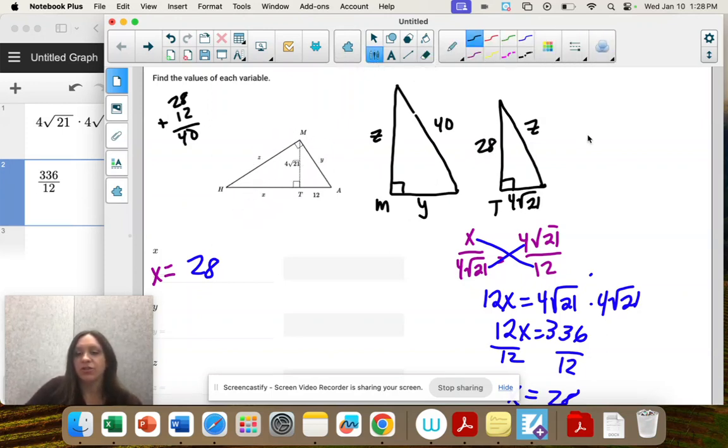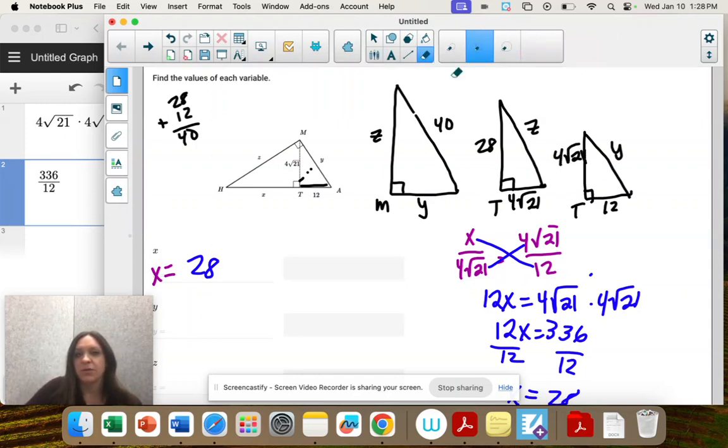And then our small triangle, right angle still T. The hypotenuse is y. The short leg is 12, and the long leg is 4 square roots of 21. Because I'm using black, that's kind of hard to see. So I'm going to just rewrite it. Okay.